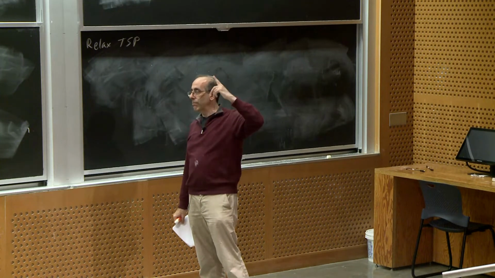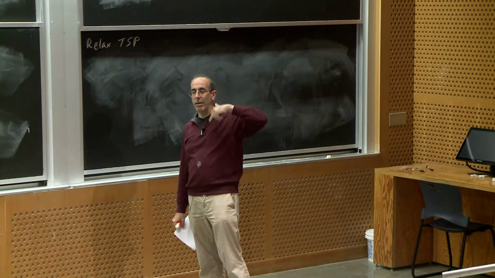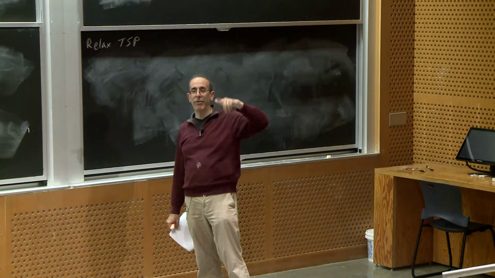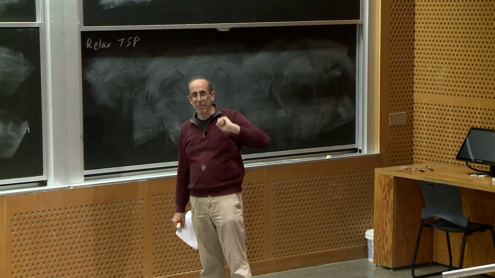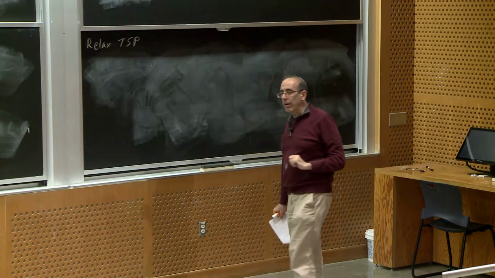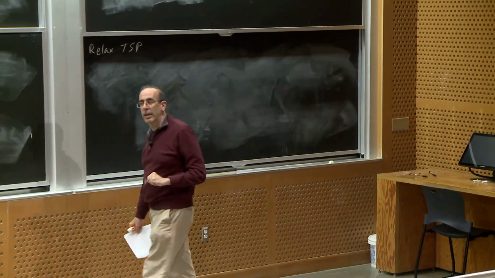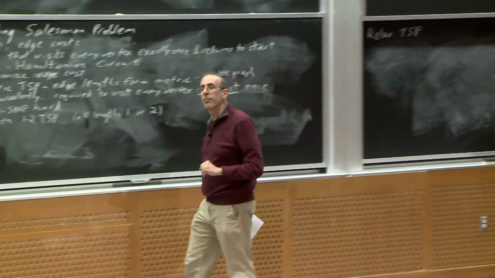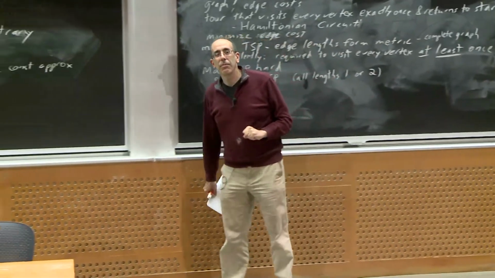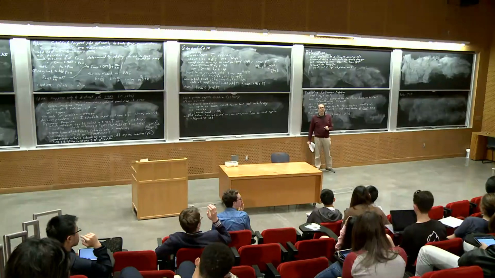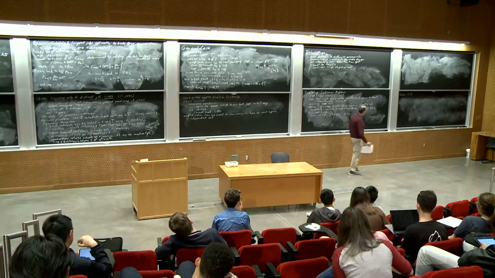But that's a really complicated constraint to think about. As I said, finding Hamiltonian paths is challenging. Can you think of other problems that involve joining up all the vertices in a cheap way? Yes. Minimum spanning tree. Okay.